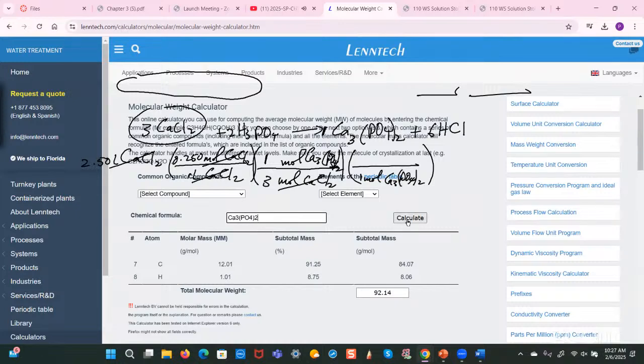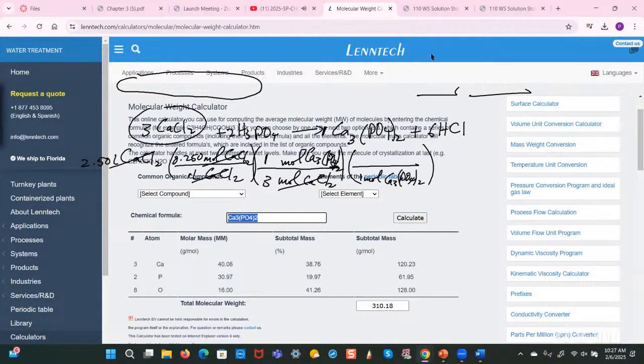Okay, so that's it. 310.18 would be placed here. 310.18 grams of Ca3(PO4)2, right?